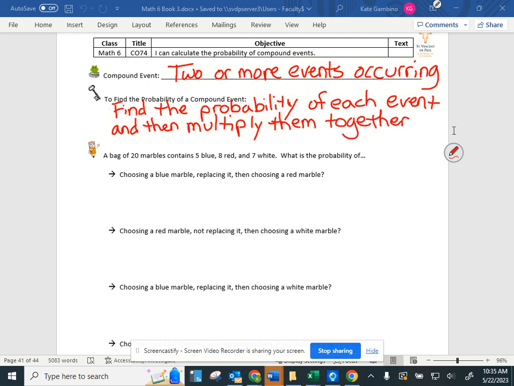So we're going to find that probability set up as a fraction. We're going to multiply all the fractions together, the probability of each event.